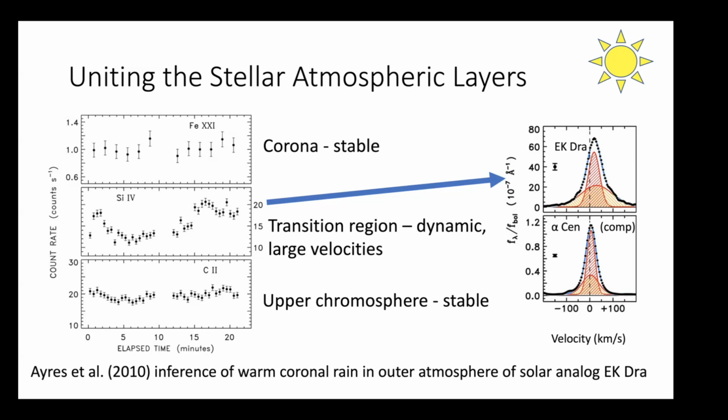This is an example from a solar analog, EK Draconis, where the upper chromosphere, as seen in carbon-2, is remarkably stable, as was the corona, and yet the silicon-4 emission was showing very large changes and large velocities, as you can see in the figure on the right, where you see a large velocity span of the emission line profile.